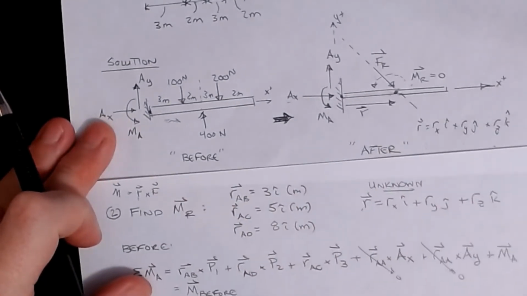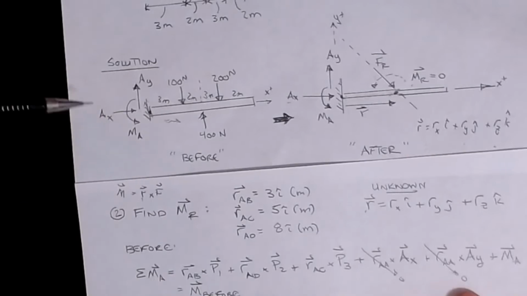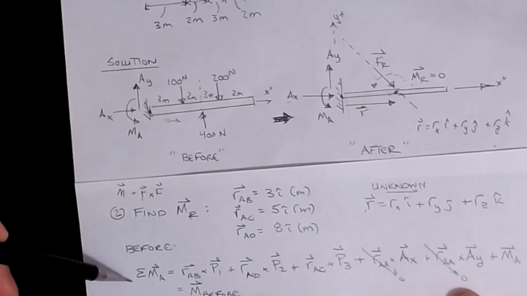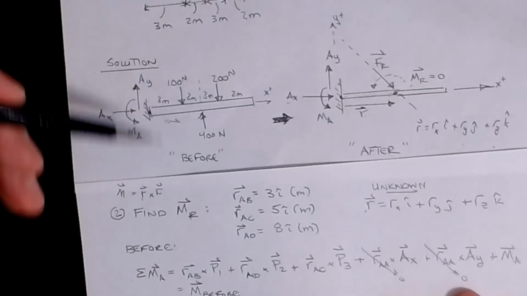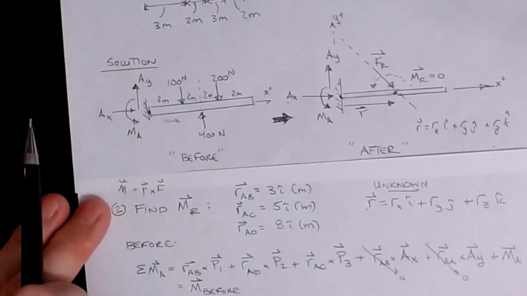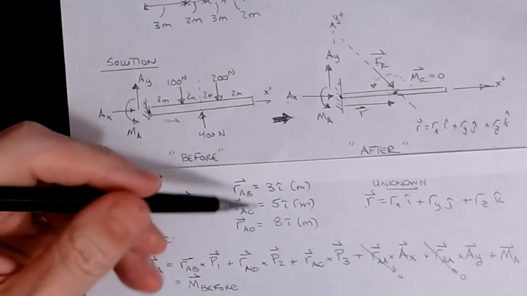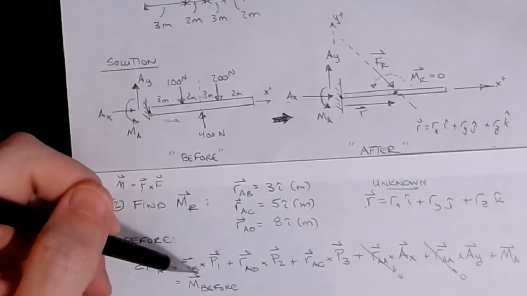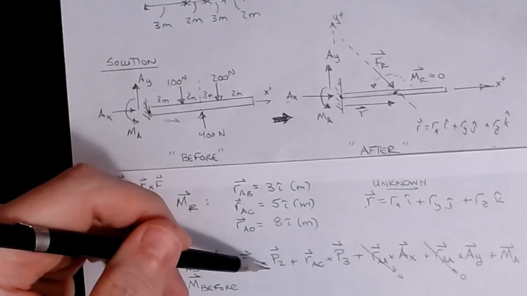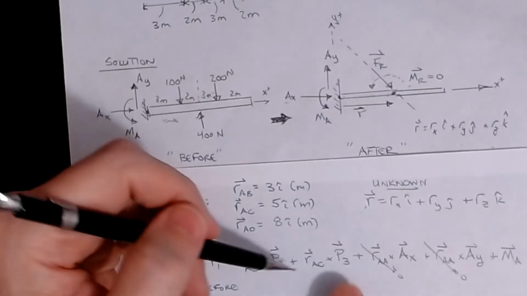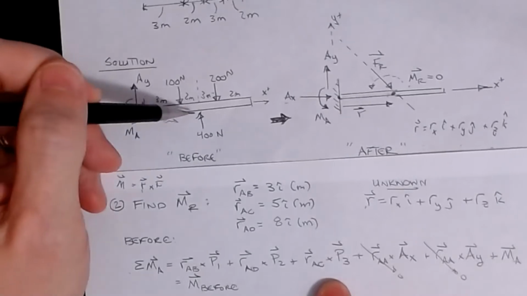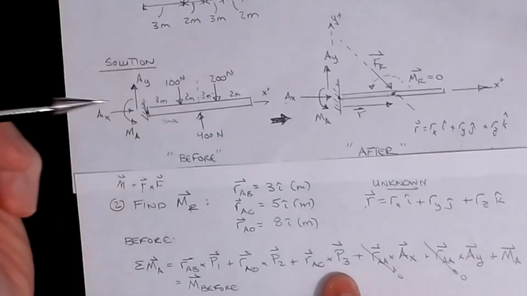Every force and every moment on this before picture shows up in this equation. Let's start with RAB crossed into P1, the 100 Newton force. I'm just writing the vector equation at this point, not substituting in. So RAB crossed into P1, plus RAD crossed into P2, from here to here crossed into that force, plus RAC from here to here crossed into P3, the 400.